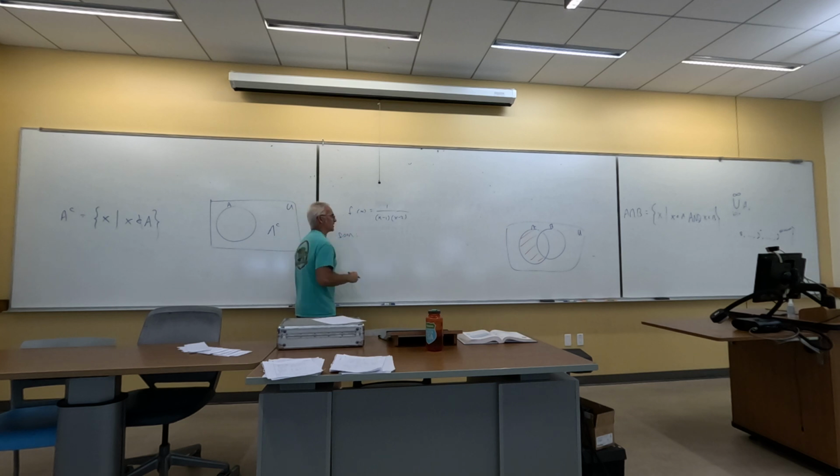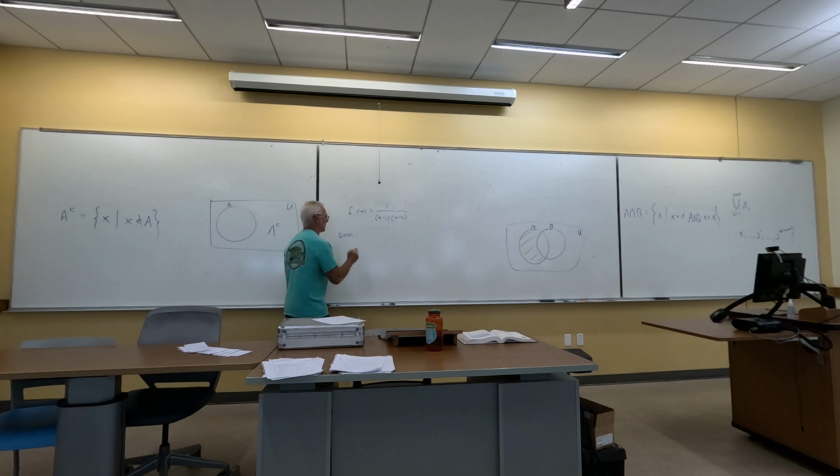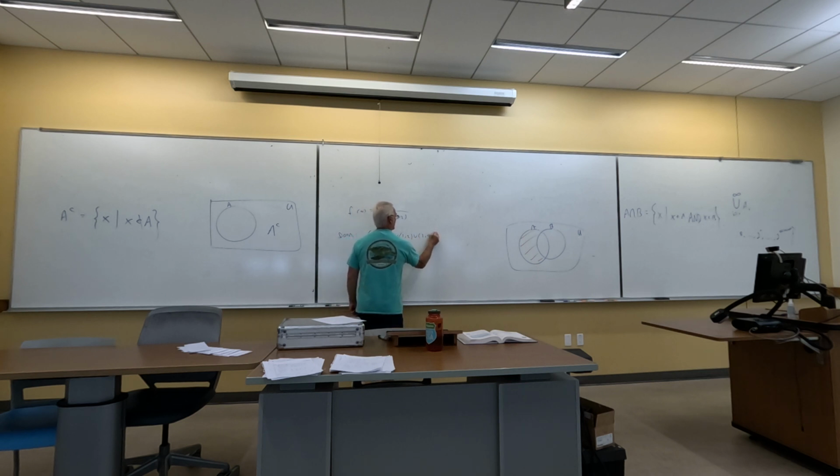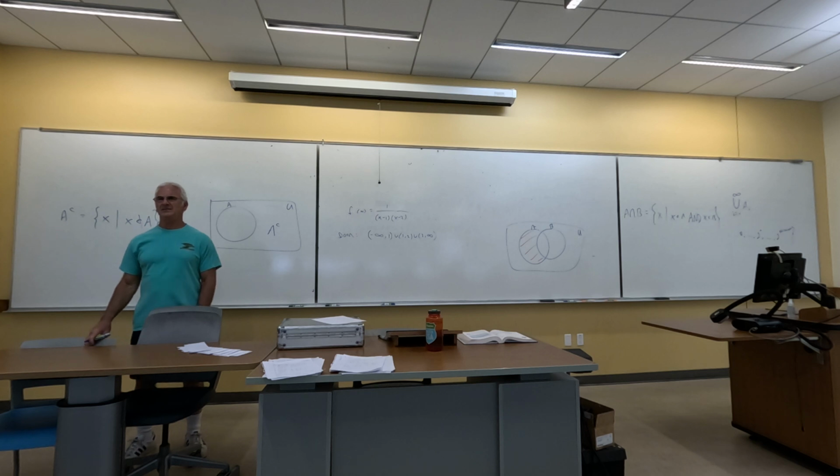Well, we know it's going to be all real numbers except 1 or 2. So normally we'd say the domain is negative infinity to 1, union 1 to 2, union 2 to infinity. That's absolutely correct. But when you stare at that, do you automatically get the feel for what it is if you look at that interval notation?